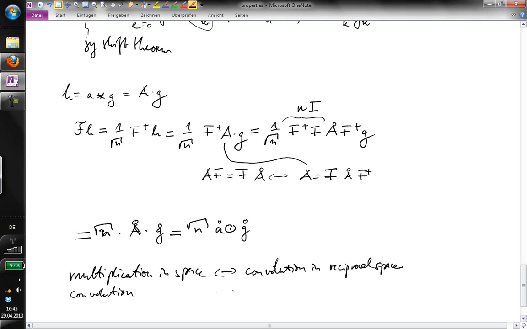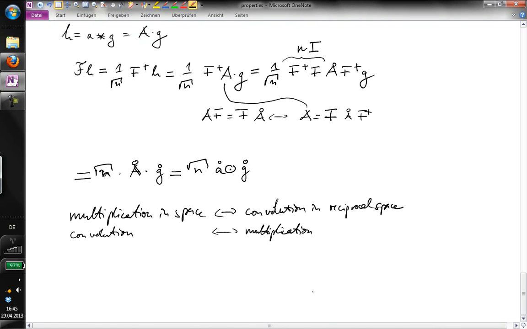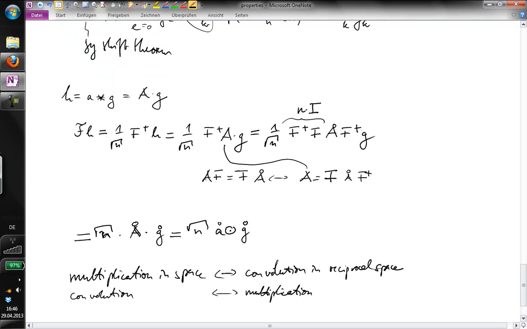Convolution in one domain corresponds to multiplication in the other domain. So that is correct, to have this extra factor of square root of n here.